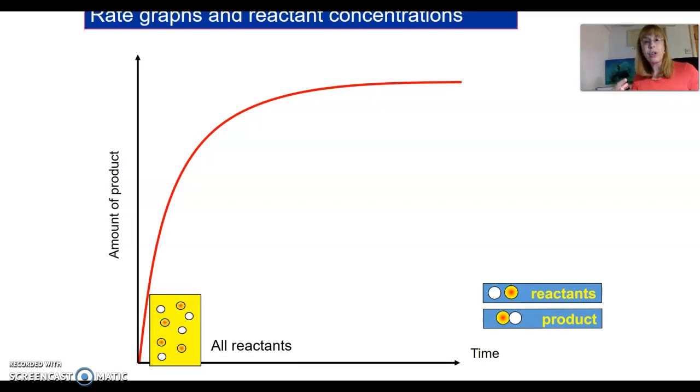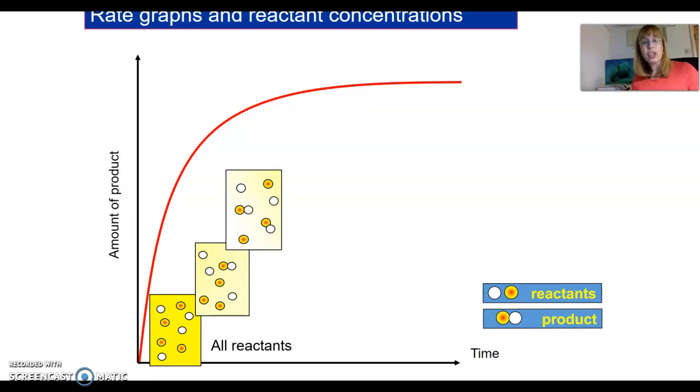all the reactants are available to react. And they're going to start colliding with each other, and as they collide, they're going to start producing product. So in the conical flask, if I could see the particles, I would now see a mixture of reactants and products in the conical flask.